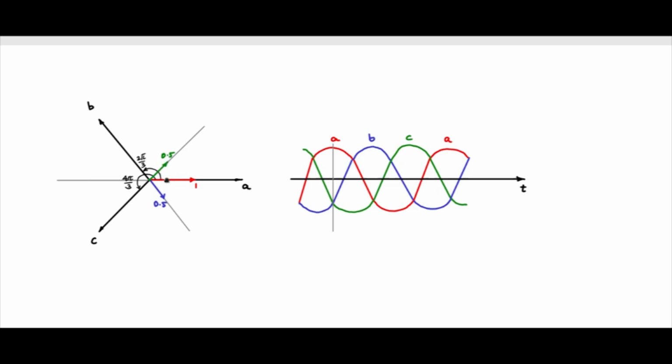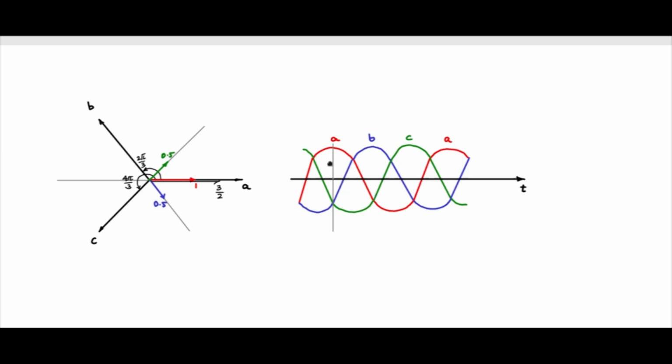So 0.5 into 0.5 is 1/4, 0.5 into 0.5, 1/4, 1/4 plus 1/4, so totally 0.5 gets added to 1. So you will have a total amplitude of 3 by 2, 1.5. So you will see a resultant vector of 3 by 2 results if you have all unit sines.